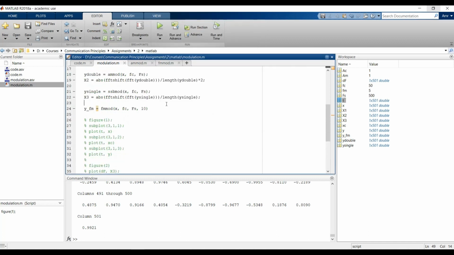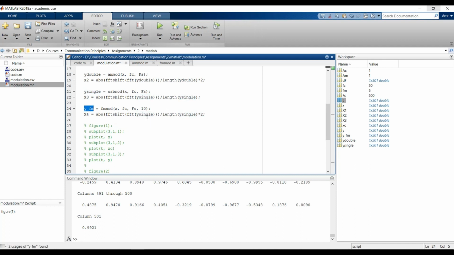We can even go further and plot the frequency spectrum of this signal. To do that, go through with this and multiply by 2 again.